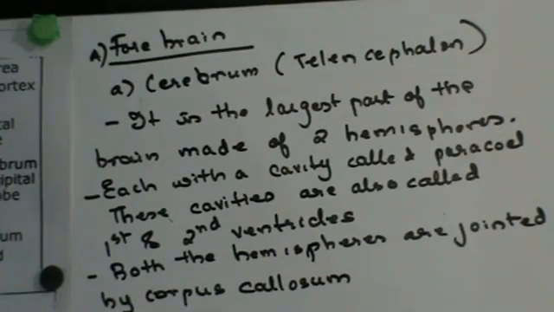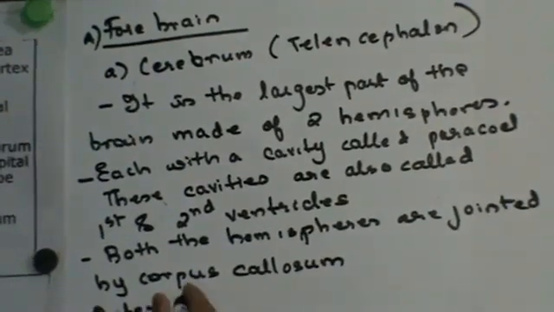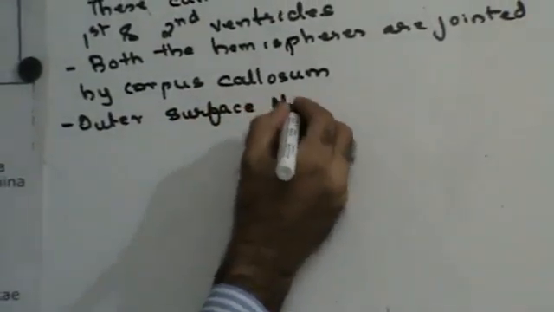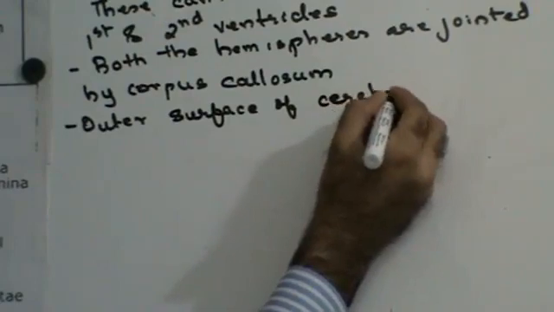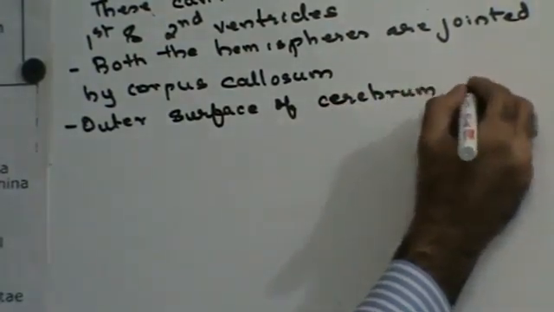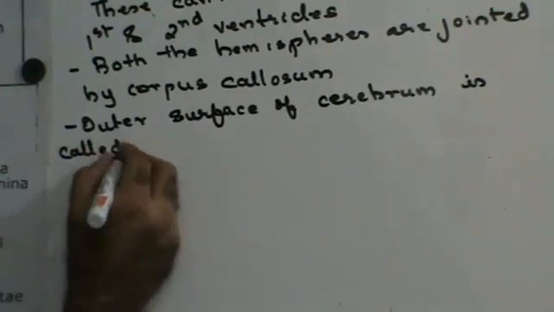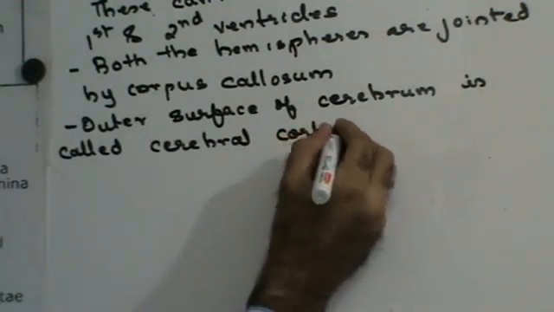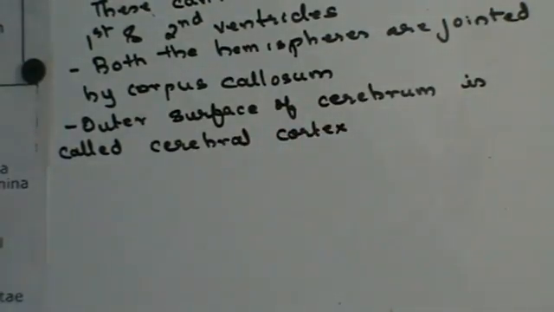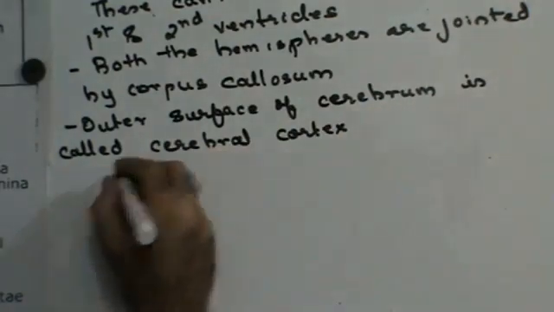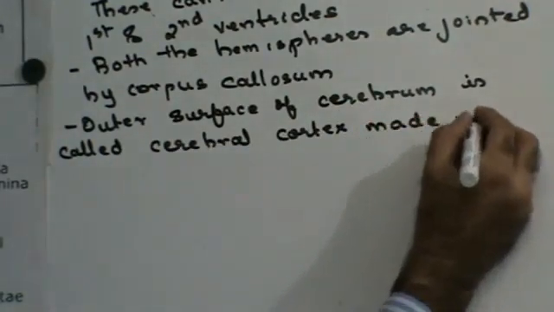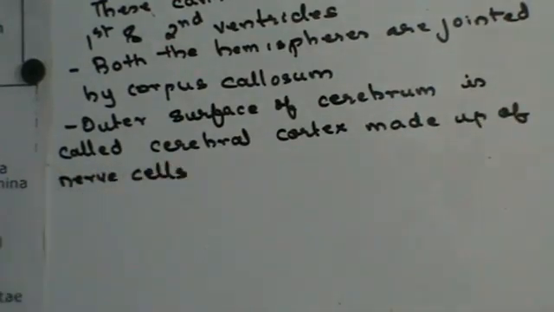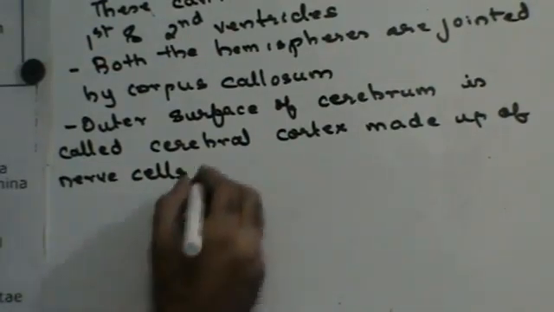Now, the outer surface of cerebrum is called cerebral cortex, and is made up of nerve cells, which is also called as the grey matter.